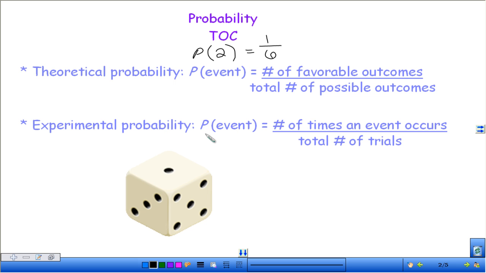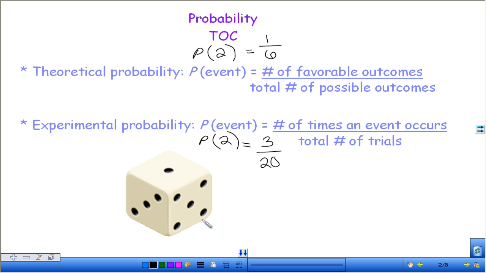So you'll still see the uppercase italicized P, and then the event, whatever it is that I'm asking for. And the way you write this one is the number of times that event occurs. So if I ask you for an experimental probability of rolling a 2, you would write that as, let's say we did it 20 times, and let's say I rolled a 2 3 of those times.